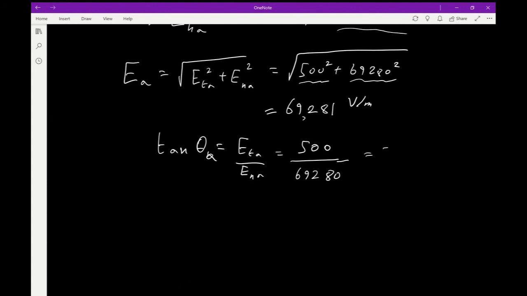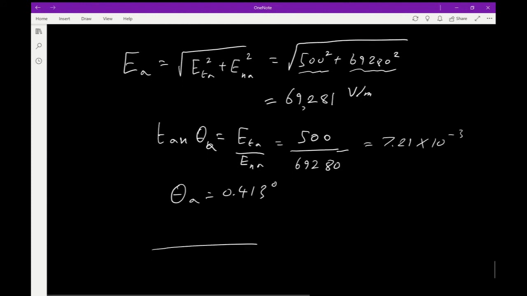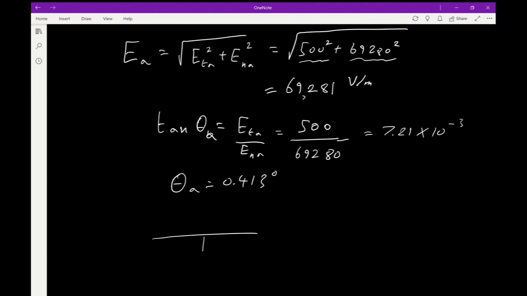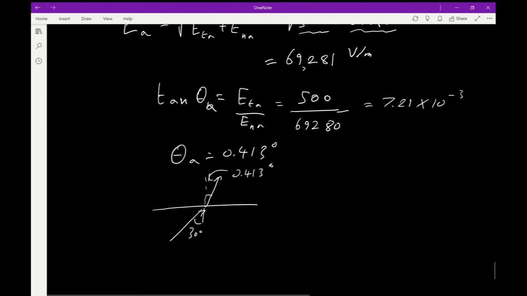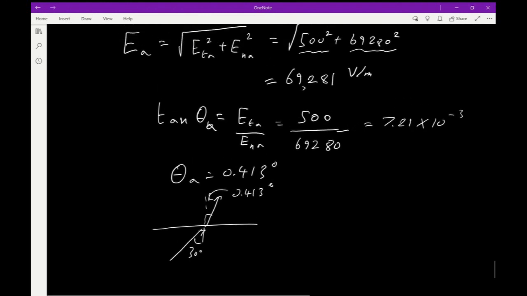So this gives me 7.21 times 10 to the minus 3, and I do the tan inverse. That gives me that theta A is 0.413 degrees. So although the angle of incidence is 30 degrees, the field as it leaves the water and goes into the air has an angle of only 0.413 degrees from the normal. That is refraction.